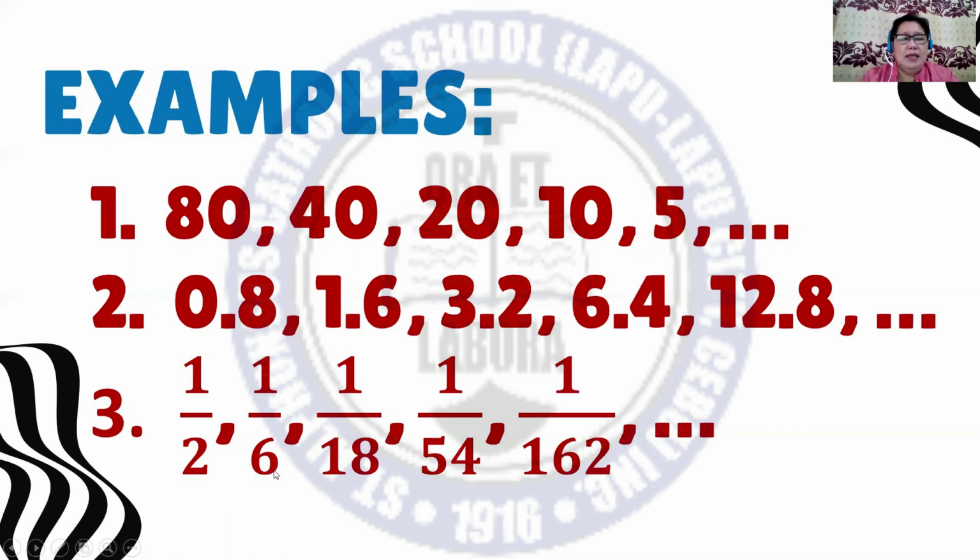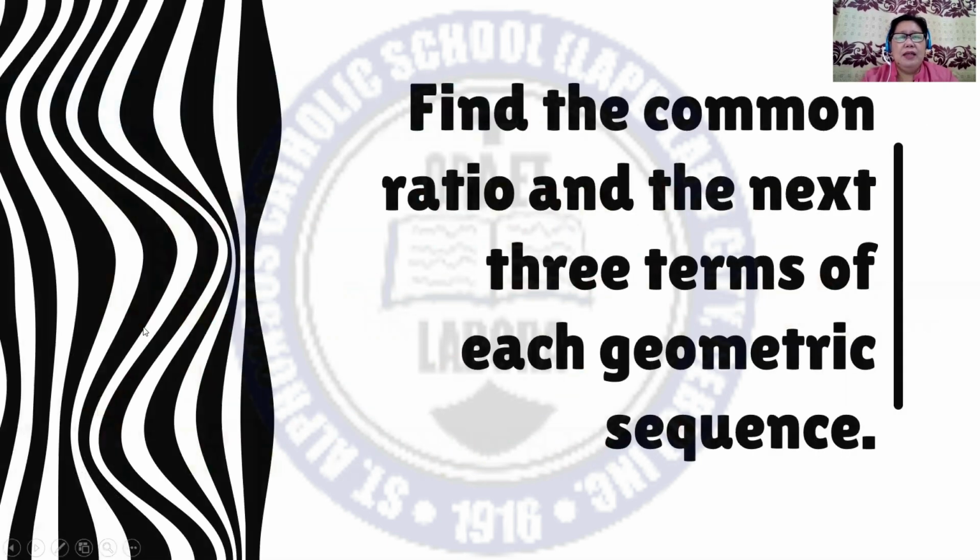So 1/6. 1/6 times 1/3 is 1/18 and so on. So that is why the example given about the partition of the pizza pie is an example of a geometric sequence.